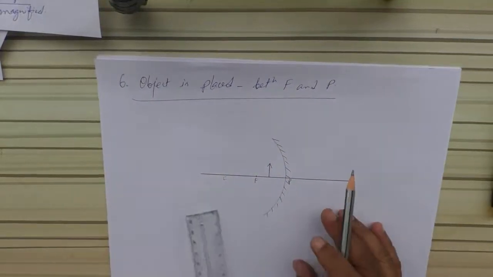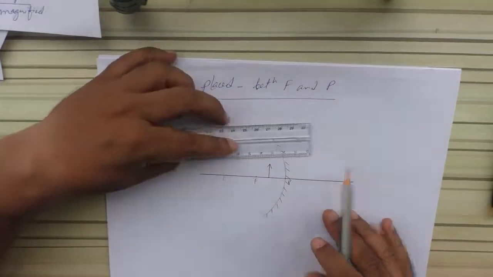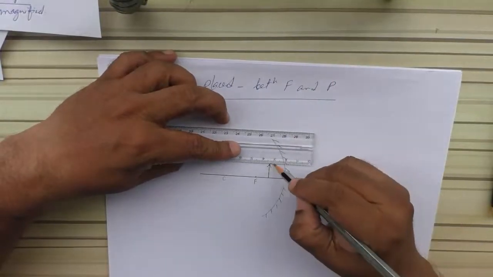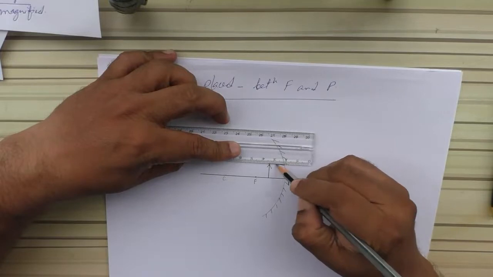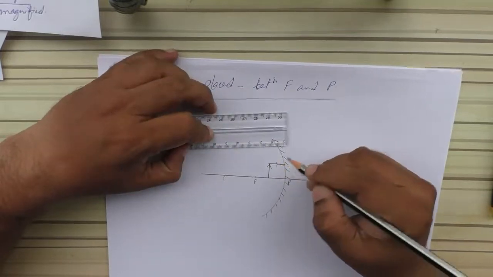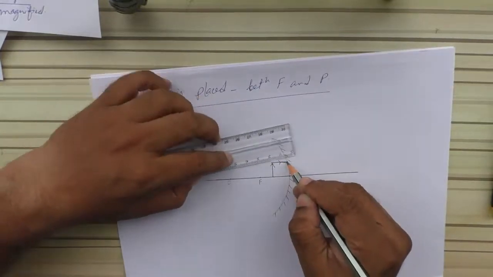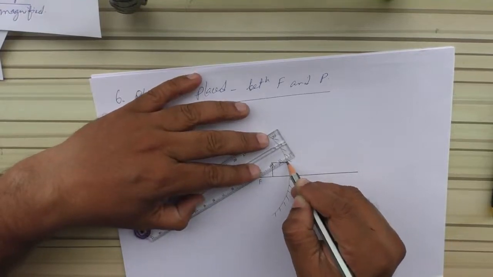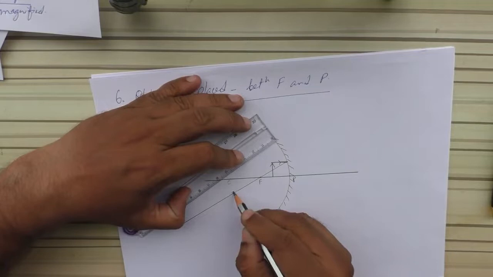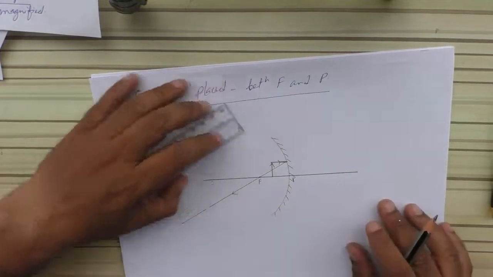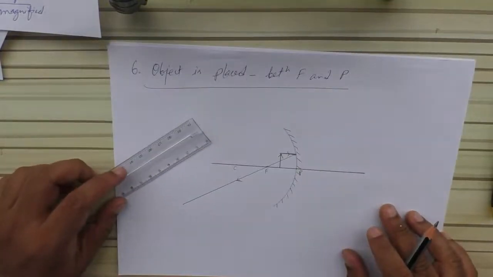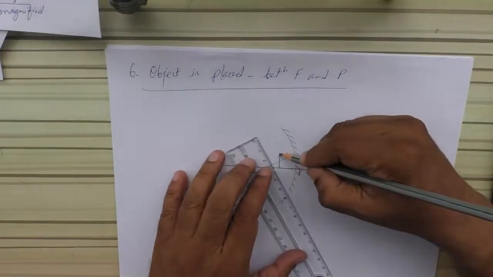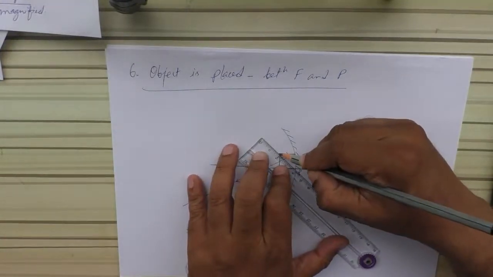So the object is placed between focus and pole, and we know that if a ray of light is incident parallel to the principal axis, then after reflection this light ray passes through focus.